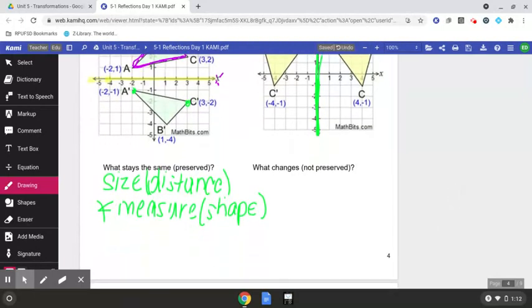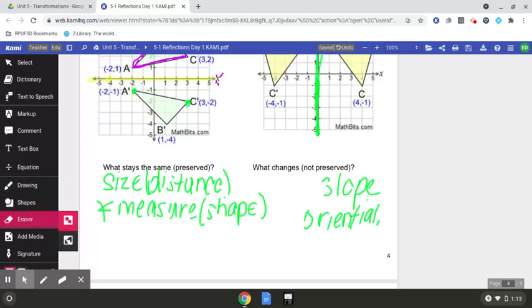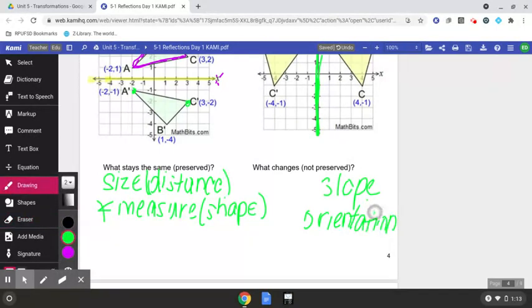Some things that do change are our slopes, which can reverse, so one can be positive and then change to be negative. And then the orientation, that just means going from clockwise to counterclockwise. Oh, I spelled that wrong. So just write those down.